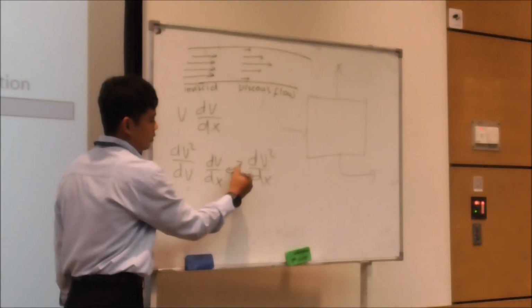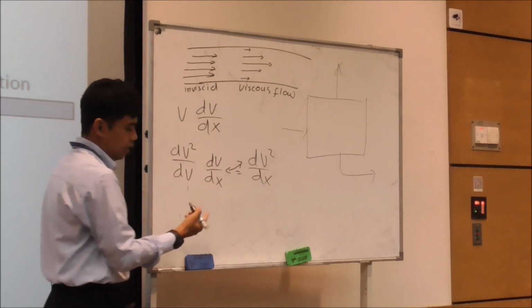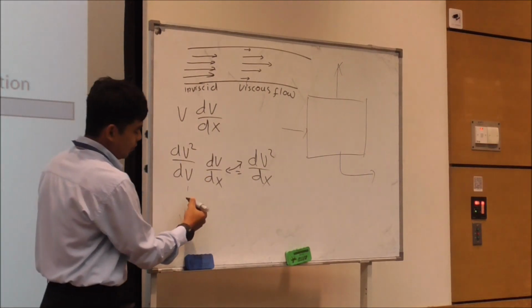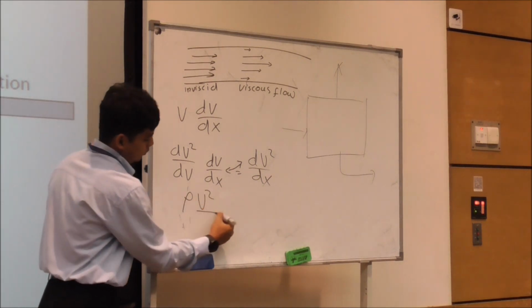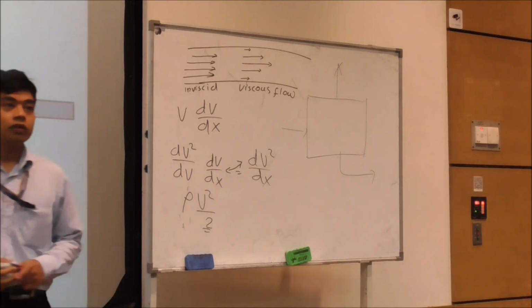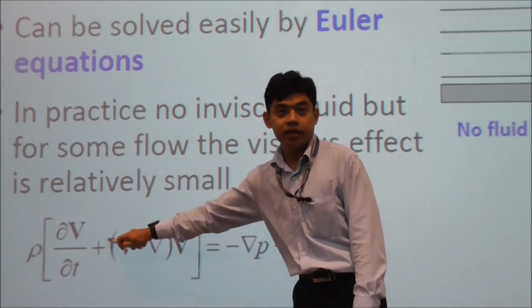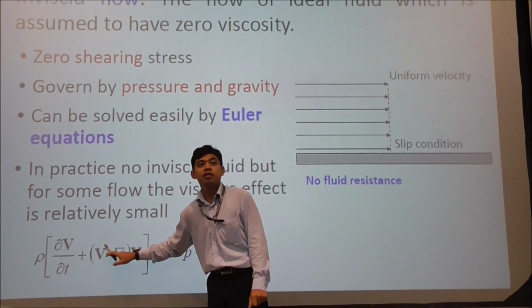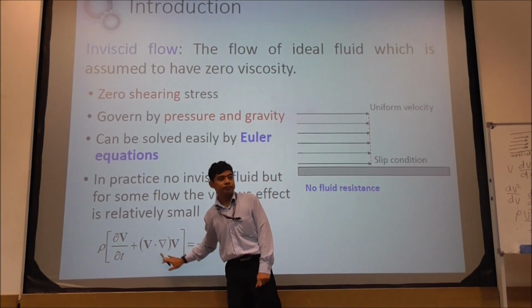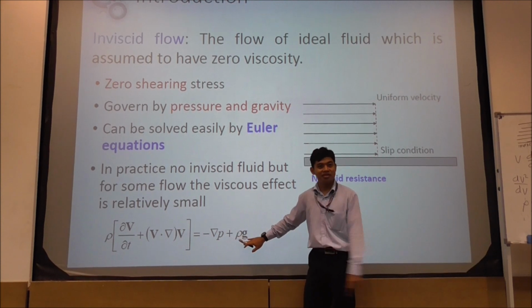These two are the same. That's why in your Bernoulli equation, you get this. Okay, so one comes from here, and that will give you the Bernoulli equation. If you don't trust me, derive it on your own. And I hope you are not trusting me, so you will derive it on your own.